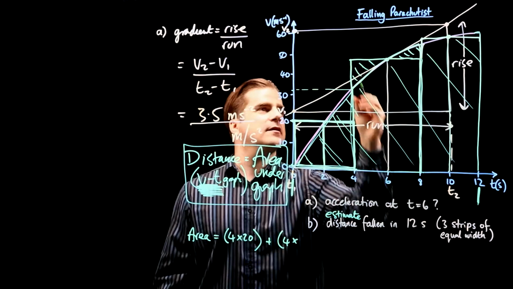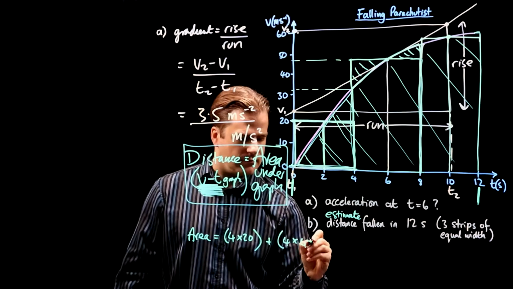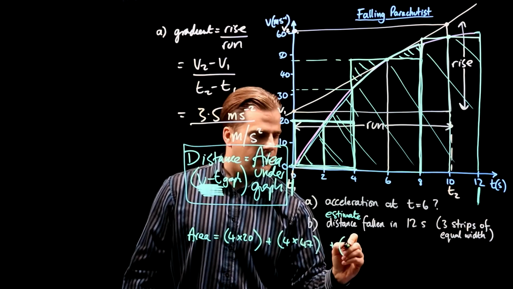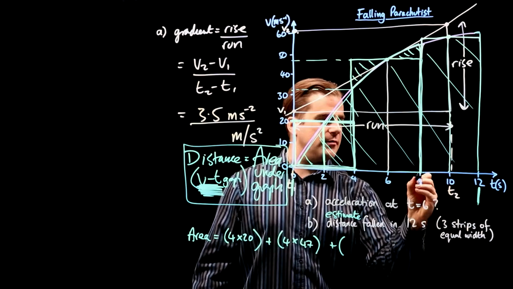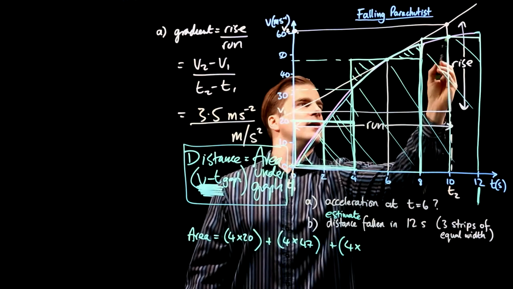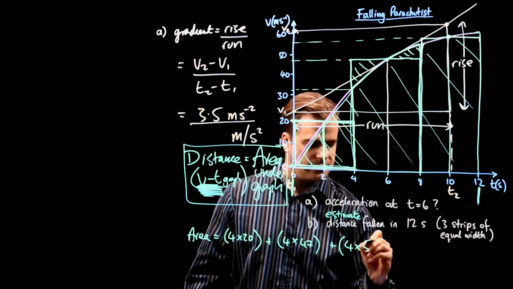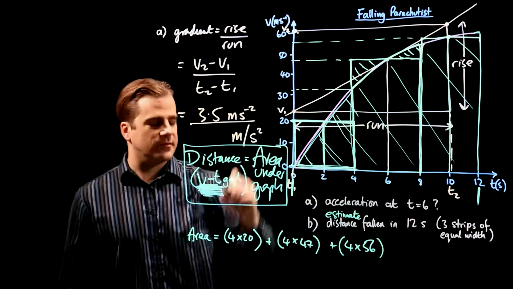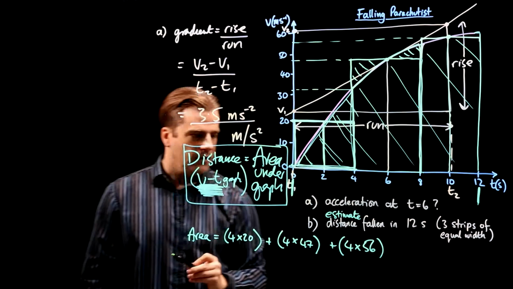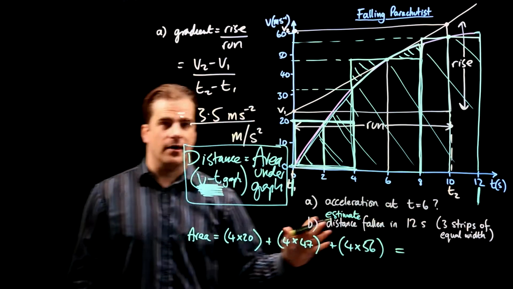Width times height, and the height of this is roughly 47. And again, the area of this third strip is 8 to 12. The width is 4 seconds. Width times height. Height is roughly 56 meters per second. Stick that in a calculator, work it out, and that will give you the area.